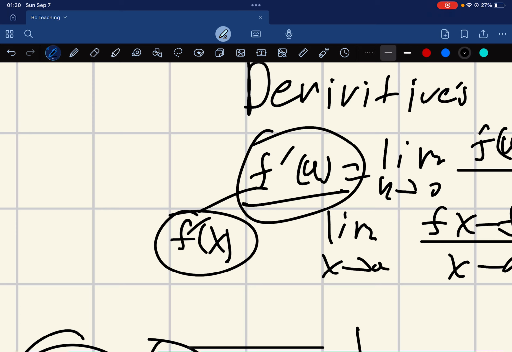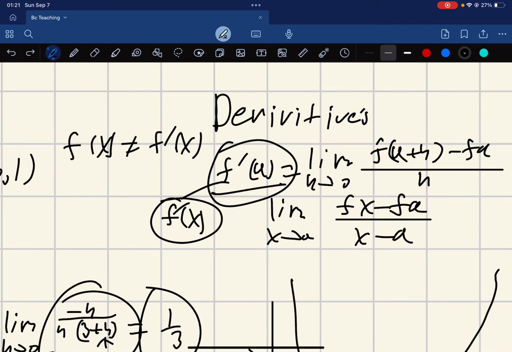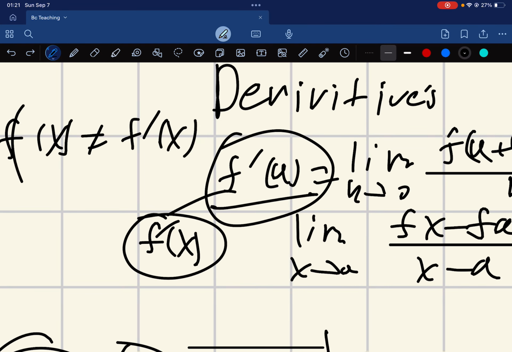So the difference between f of x and f prime of x is that prime, which just tells you your rate of change. Well, you don't know what that is yet. This function tells you the slope at any point on the graph. We'll get more into that in our next unit, but they're not equal because of the prime.